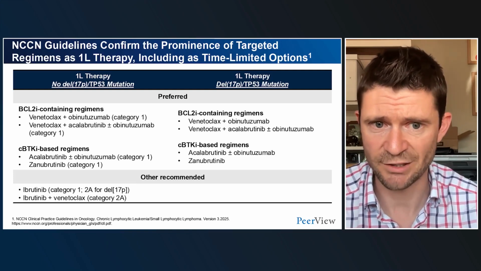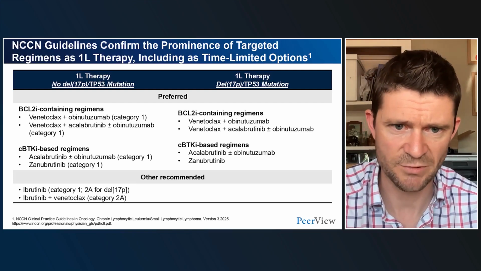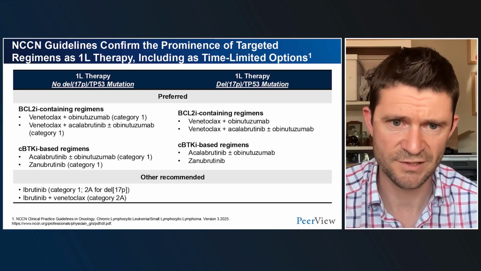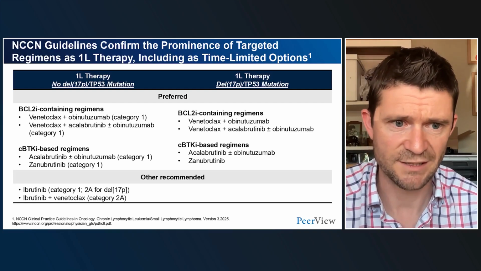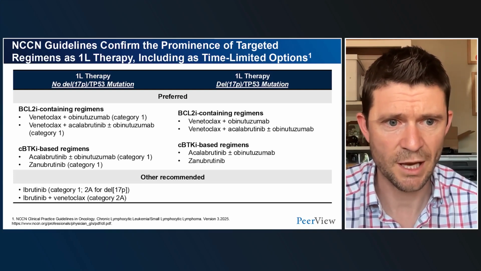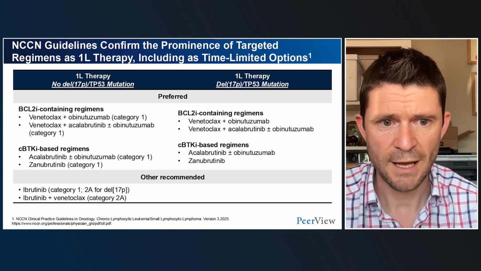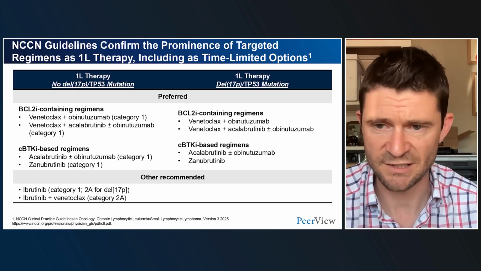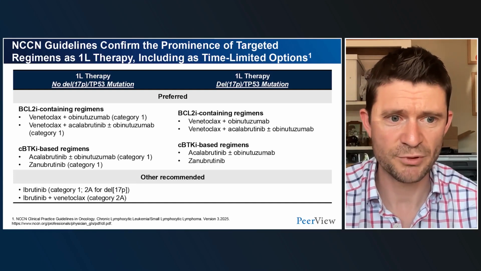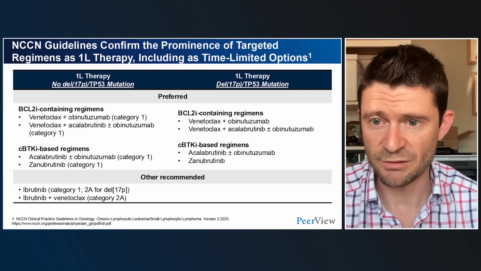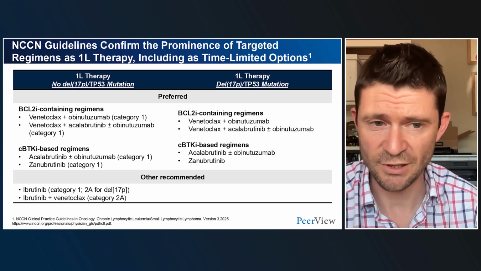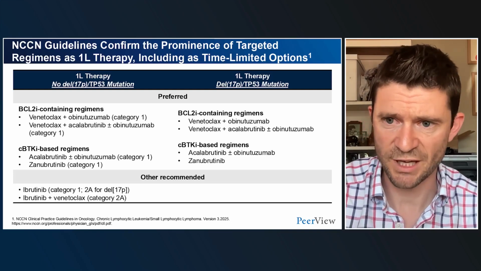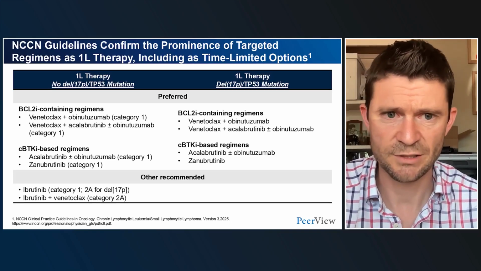But I think it is recognized that continuous covalent BTK inhibitors deliver the most durable disease control in the first line setting in this situation. As you can see, ibrutinib monotherapy remains an option, although I think is used less and less as a monotherapy. And ibrutinib venetoclax is used in Europe and licensed and approved in Europe, but not so in the US, and so that's got a category 2A designation.